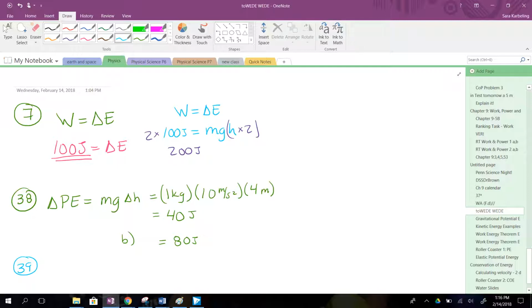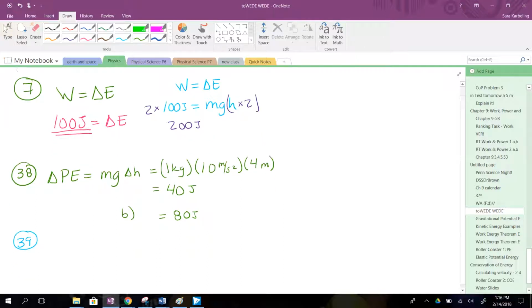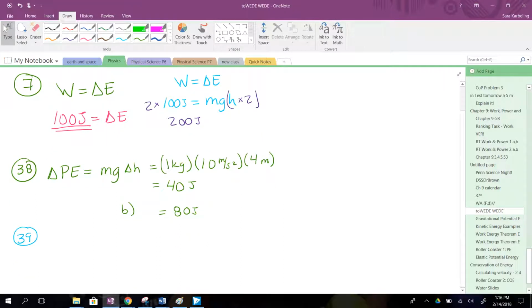Speaking of 39s, calculate the increase in potential energy when a 20 kilogram block of ice is lifted a vertical distance of 2 meters. Same question? Change in potential energy is the way that they worded it. M times g times the change in h. So that's 20? That's a big block of ice.